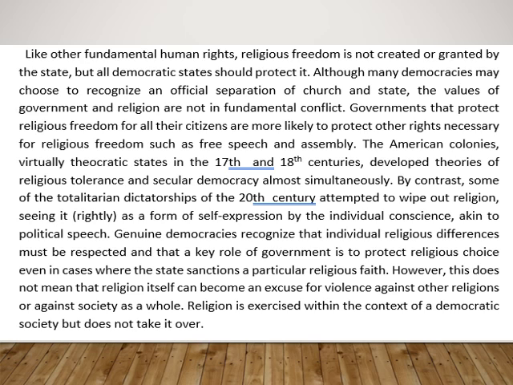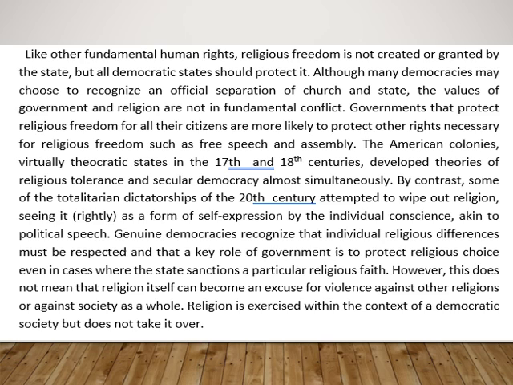The American colonies, virtually theocratic states in the 17th and 18th centuries, developed theories of religious tolerance and secular democracy almost simultaneously. On a parallel track, they were talking about the right to believe and a secular democracy or secular state.